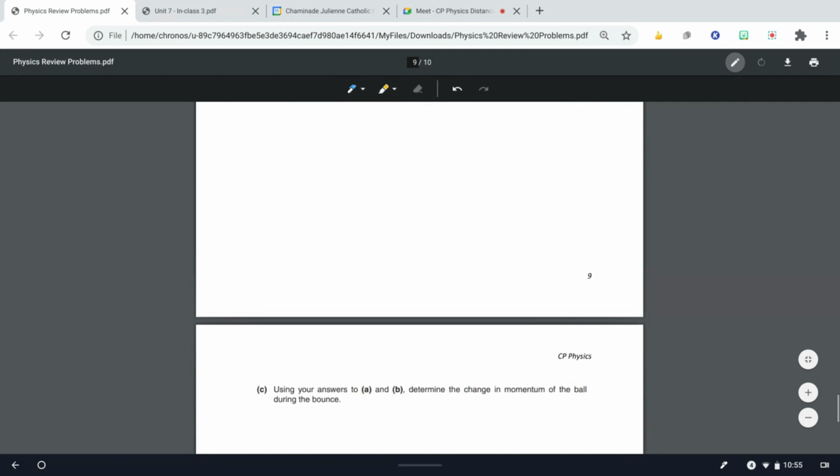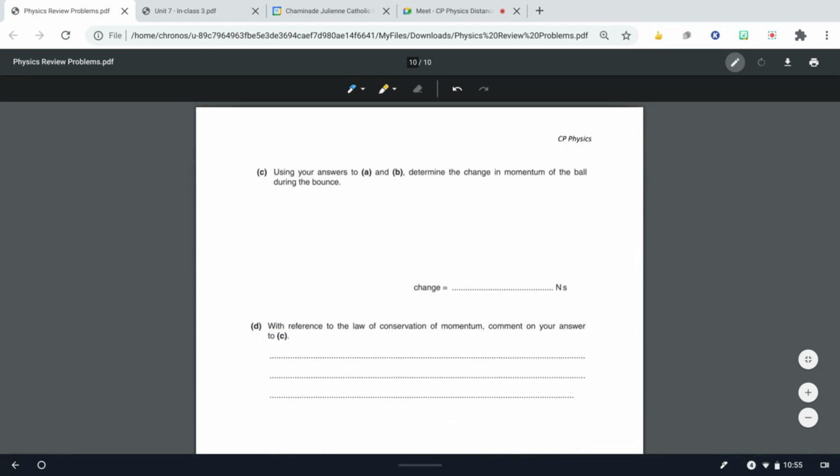Yes. And finally, part C is asking, use your answers in part A and part B to determine the change in momentum of the ball during the bounce. So delta P, it's asking you for change in momentum. mv final, or after the bounce, minus mv before the bounce. Right.